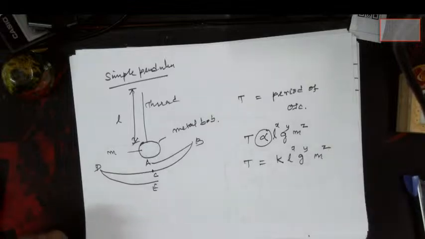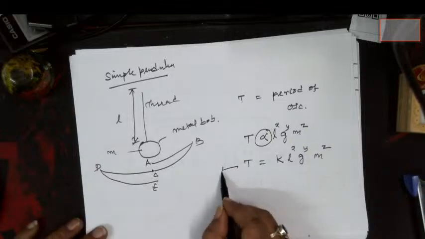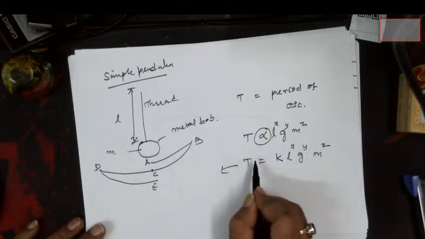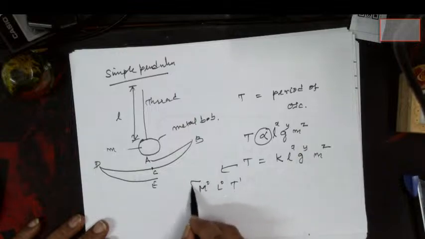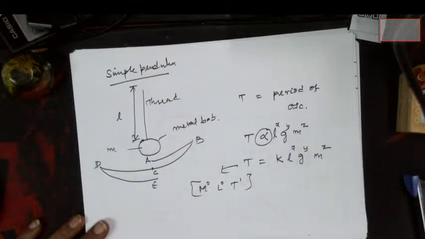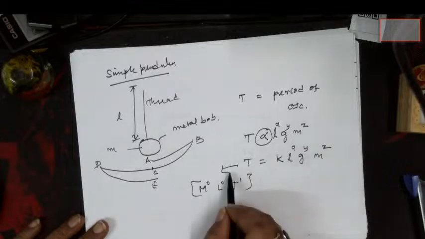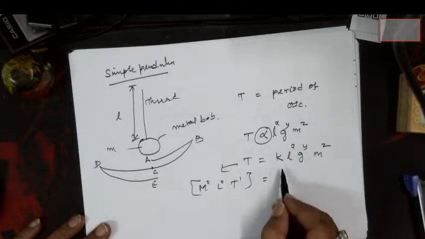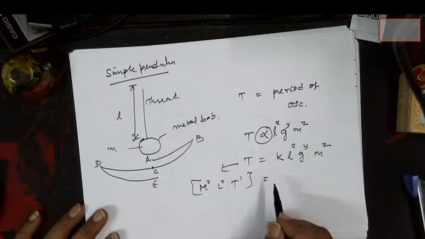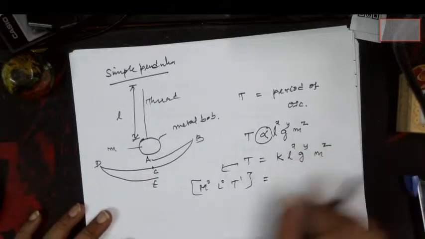We know very well on the LHS it has got the T, that is time. So what is the dimension formula? T power 1. The remaining are L power 0, M power 0, that you know very well. So this is the RHS. T power minus 1? How minus 1? T, time taken, that's all. And this is K, that is the constant. We are talking about only the dimensions.